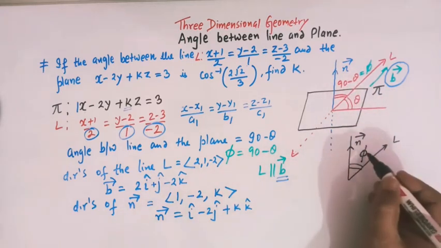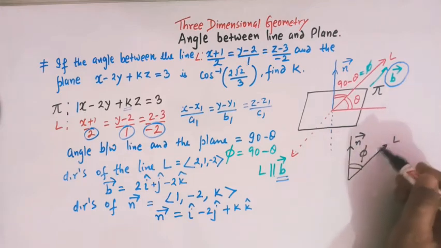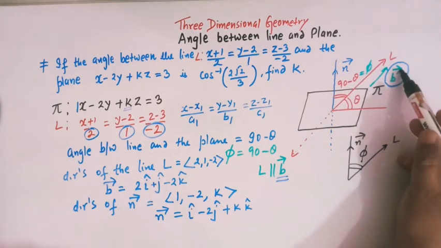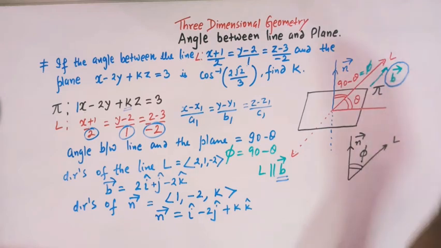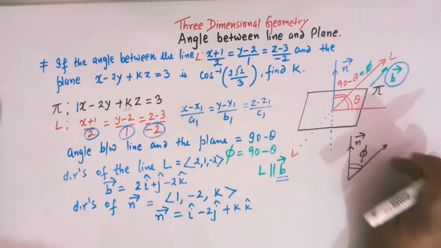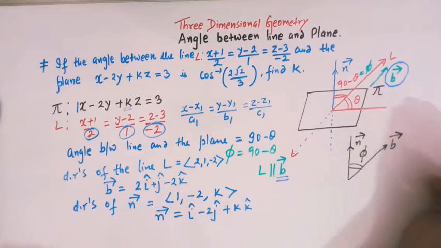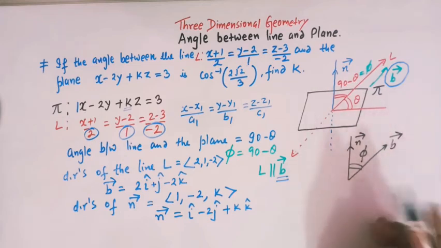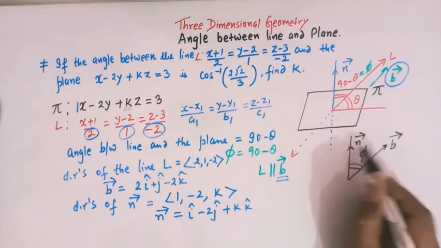So now we have two vectors. This line L is equivalent to this vector b because this line L is parallel to this vector b. So the problem is to find the angle between these two vectors.